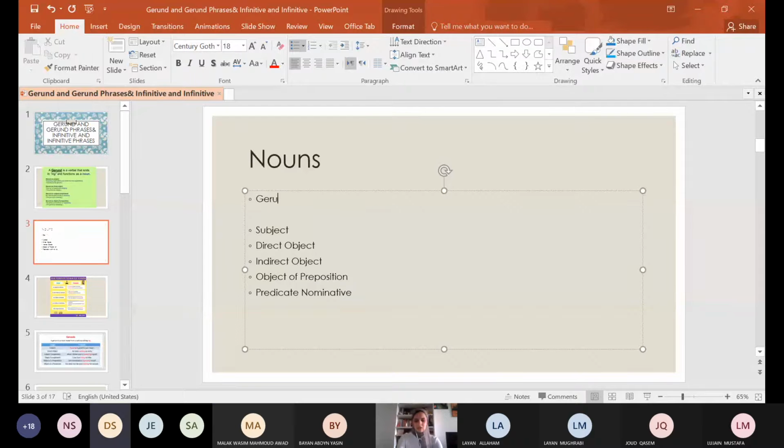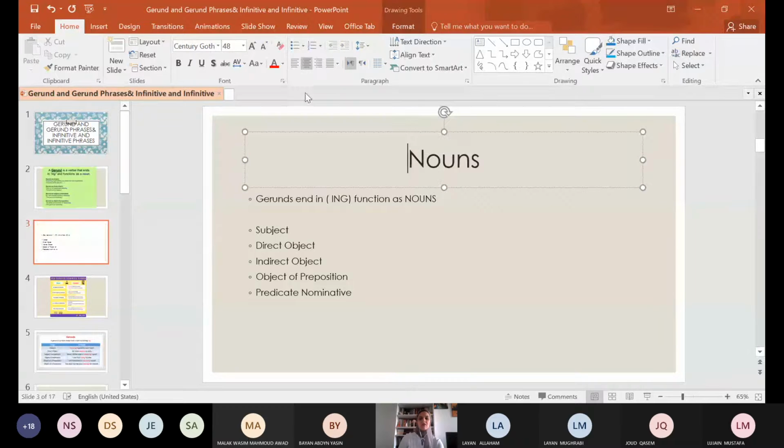Gerunds end in ing and function as nouns.